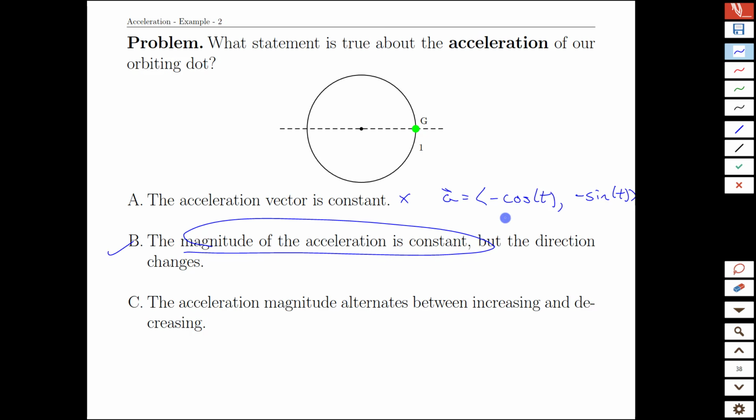If we look at the magnitude of this, no matter what t value we sub in, we're always going to have cos squared and sine squared values, and so we're always going to have a magnitude of acceleration of 1. So think about that as the strength of the force that would be applied to the moving object, but the direction will change. In fact, we saw that in the last slide. We would have an acceleration that points towards the center initially, but if we picked any other time point, it would also point towards the center as well.